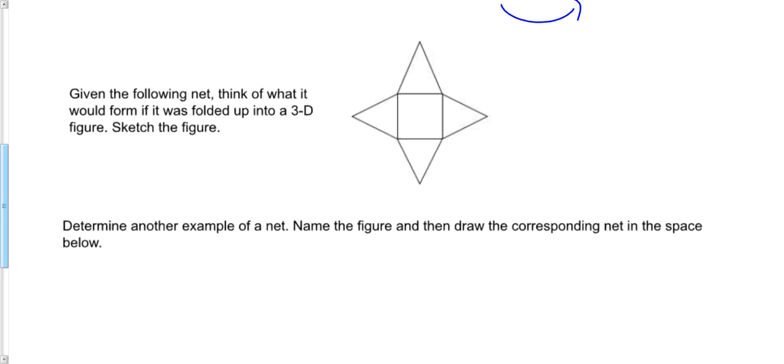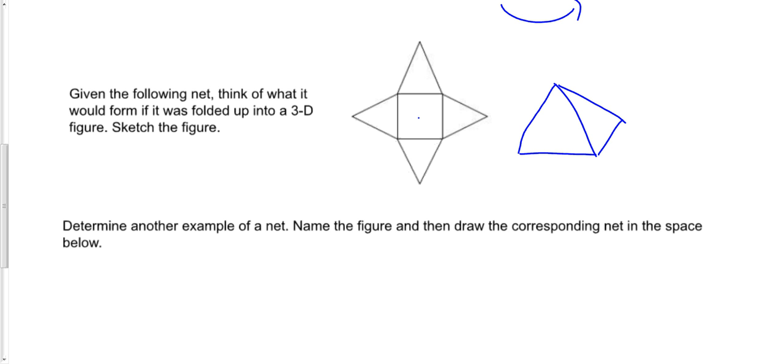One way you could look at this is if you had a square bottom, and then you were to fold all four of these triangles inward toward a central point, you could join those pieces together. It might look something like that. In other words, it will end up being a square-based pyramid.